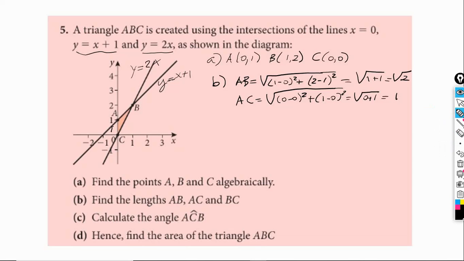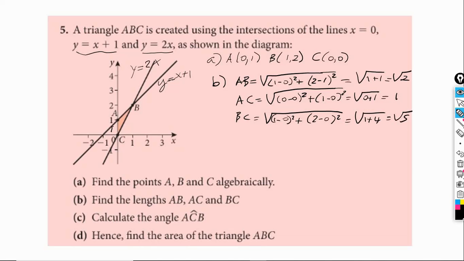Finally, we need to find length BC. For this one I do need the Pythagorean theorem or the distance formula. So BC is going to be 1 minus 0 squared plus 2 minus 0 squared, and that's going to equal the square root of 1 plus 4, which is square root of 5.